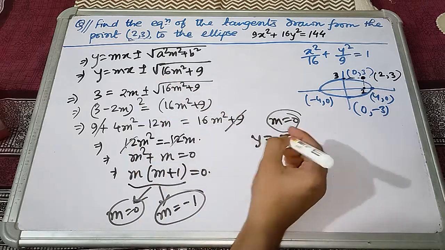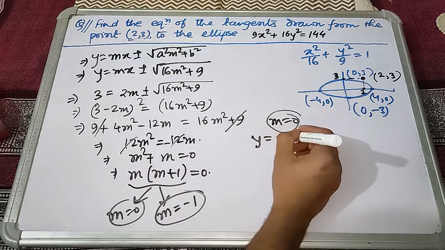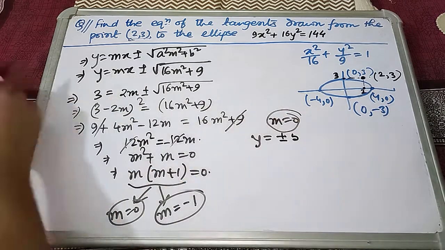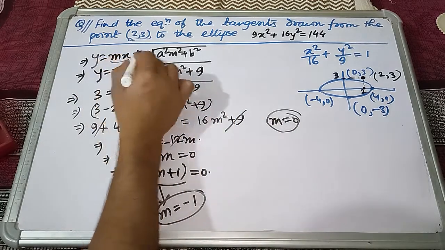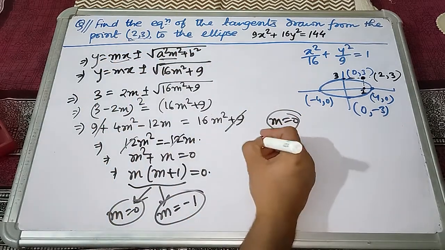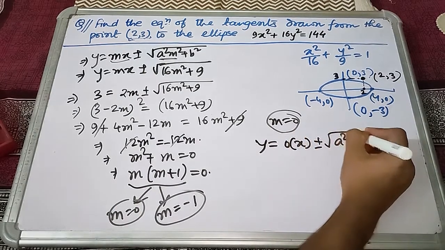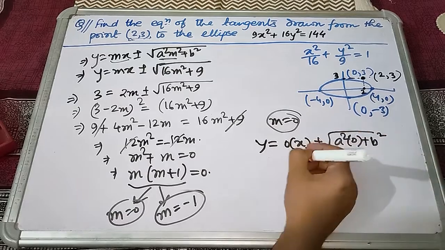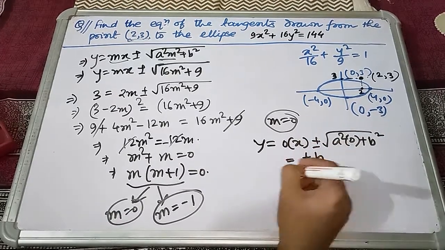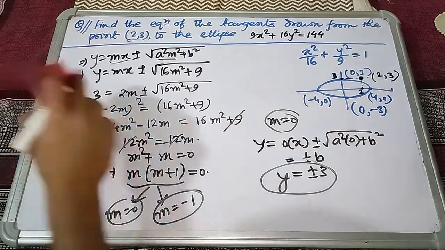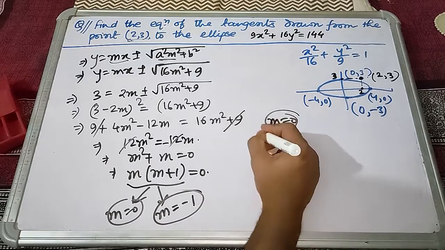If you put m equals 0, this part becomes 0 and this also becomes 0, right. So, let us write once: 0 into x plus minus under root a square into 0 plus b square. So, this is plus minus b and what is this? Plus minus 3, y equals plus minus 3. So, from m equals 0 we have y equals plus minus 3.